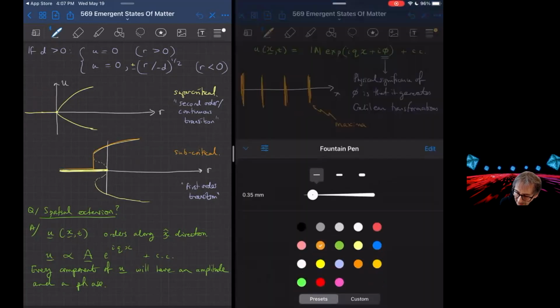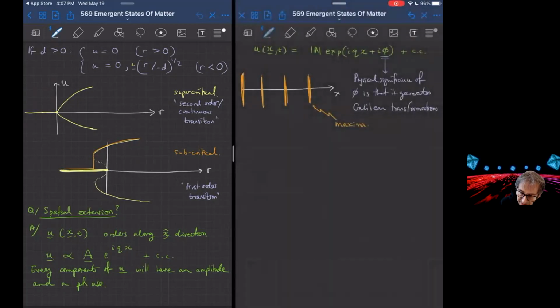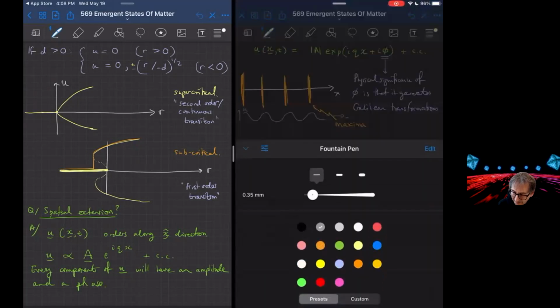And in between these things, we can think of the wave as going like so. Now suppose that I were to make a shift in the origin.